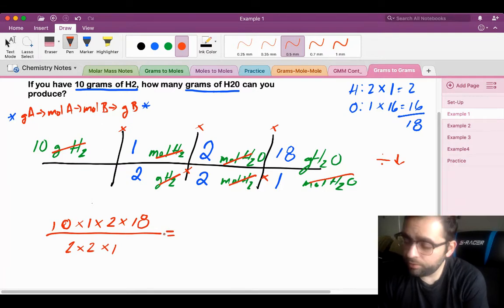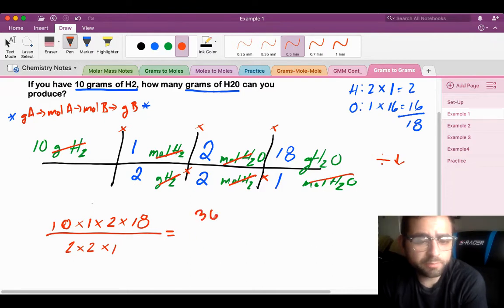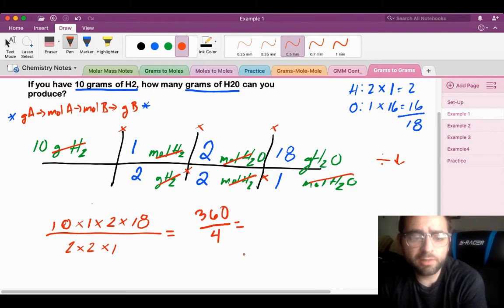So I'm going to plug them into the calculator. So I get 10 times 1 is 10, times 2 is 20, 20 times 18 is 360. Divided by 2 times 2 is 4, times 1, 4. So now I just got to divide the top and bottom.